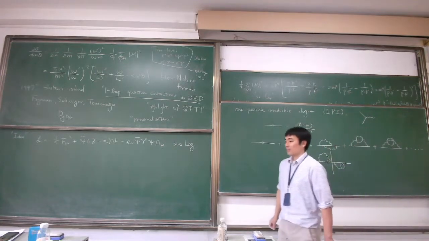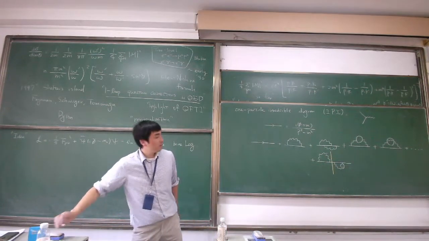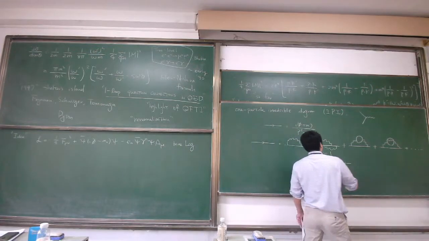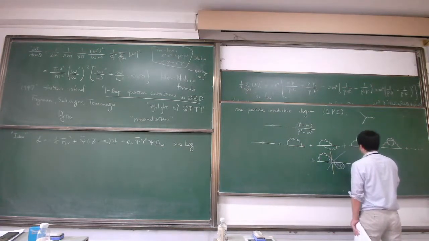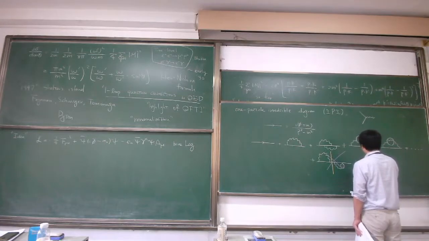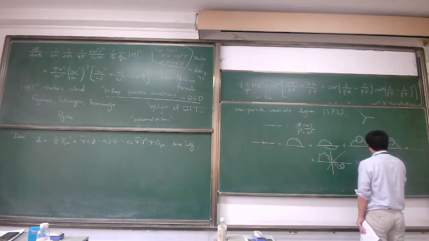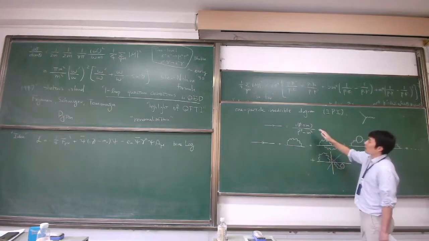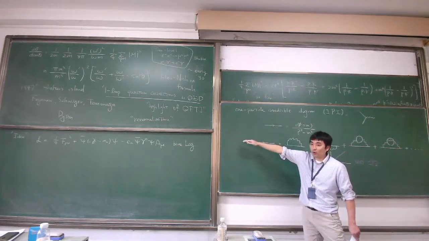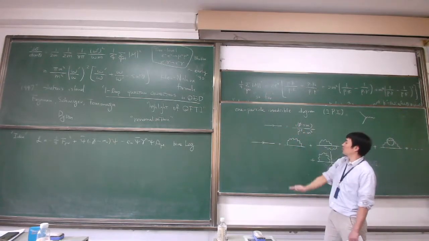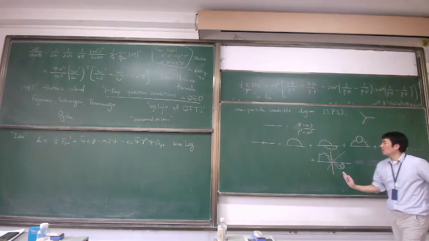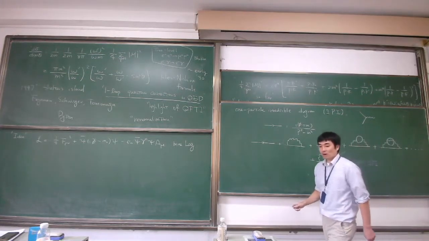Therefore, this is not one-particle irreducible. It's not the 1PI. Irreducible, one particle means one-particle propagator, and irreducible means you cannot cut in the middle. That means 1PI.